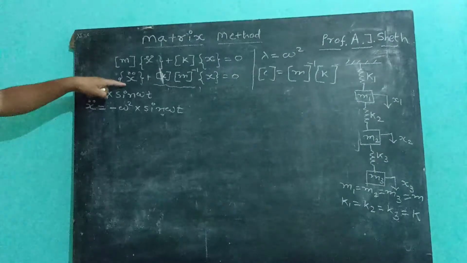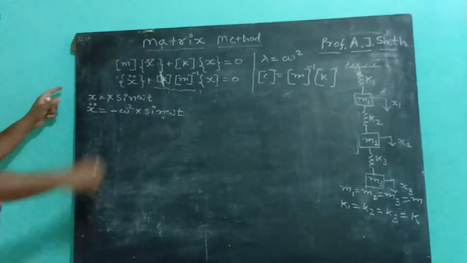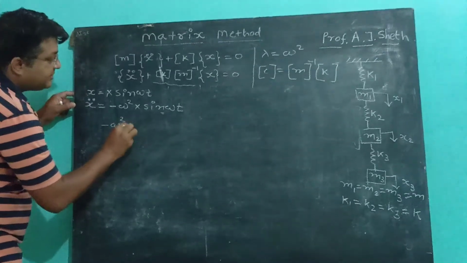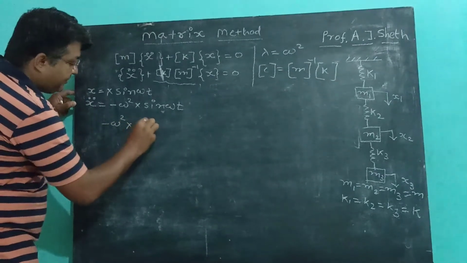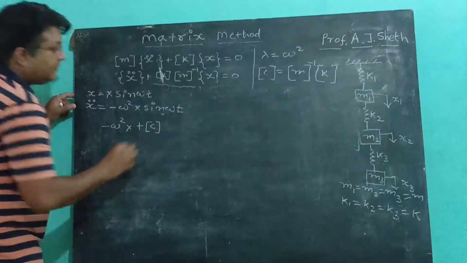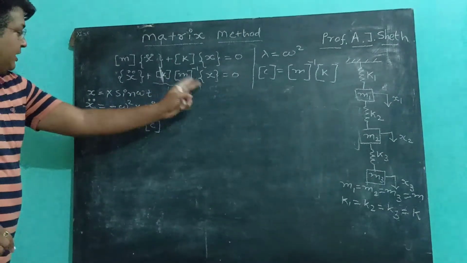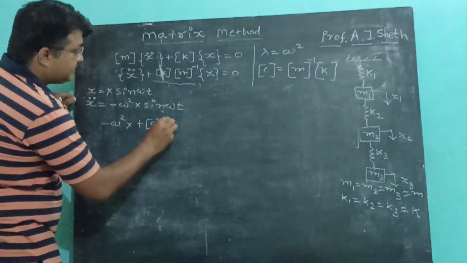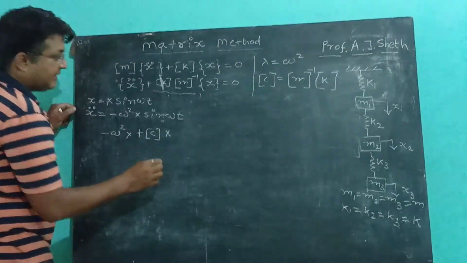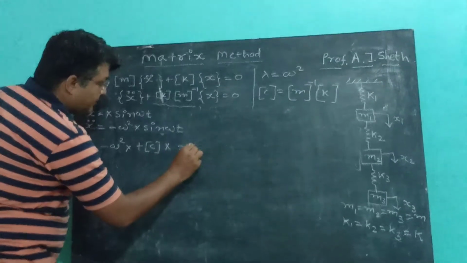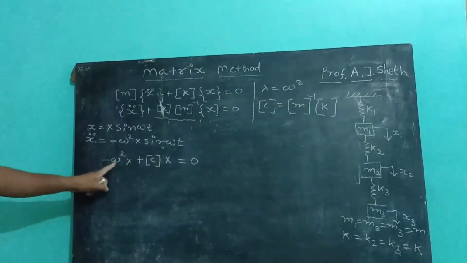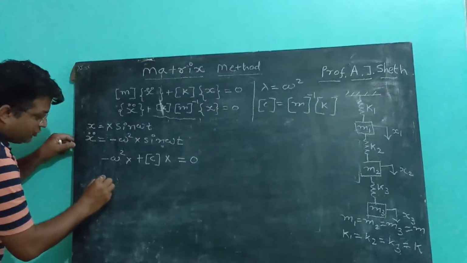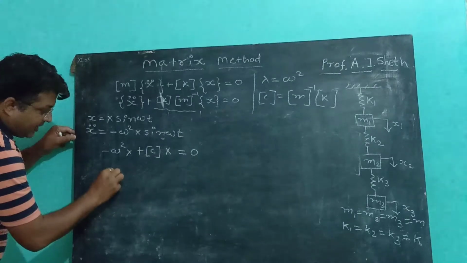Now let us put the value here. So this is minus omega square x plus c, dynamic matrix, into displacement x. It is equal to 0. This value is lambda. This k will be nullified. So minus lambda.